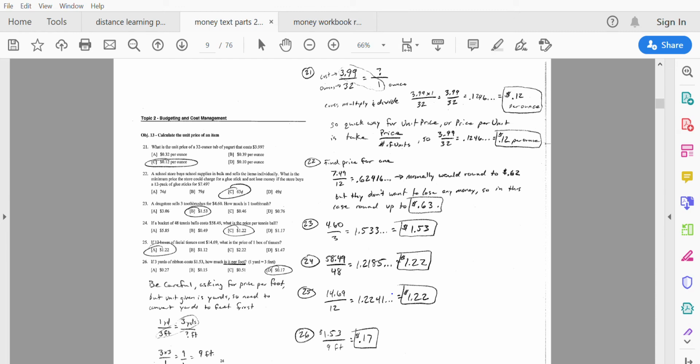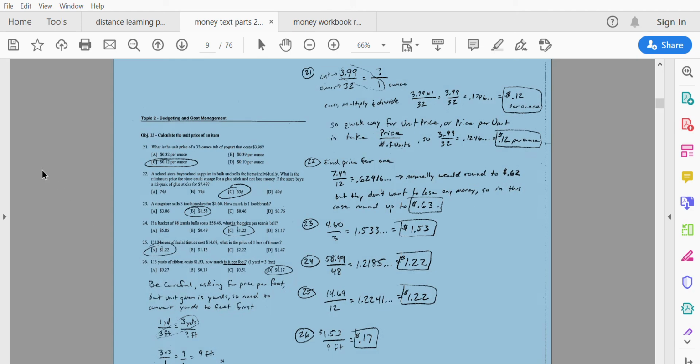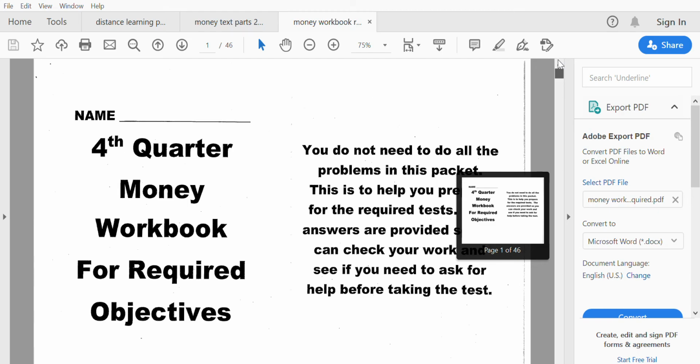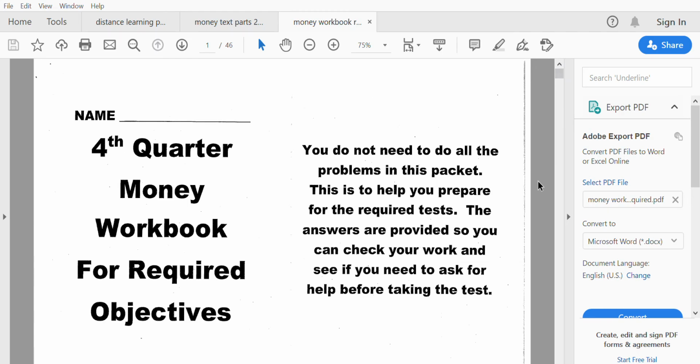What you could do in the meantime is there's another packet. The money workbook, which again the cover looks like this. This packet is for the required objectives.